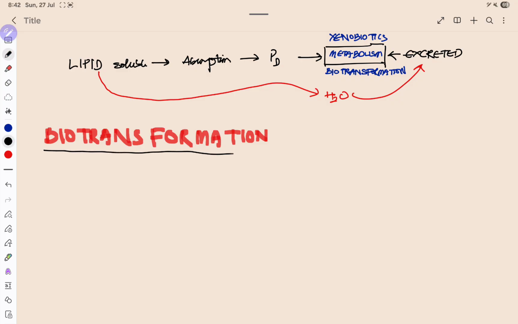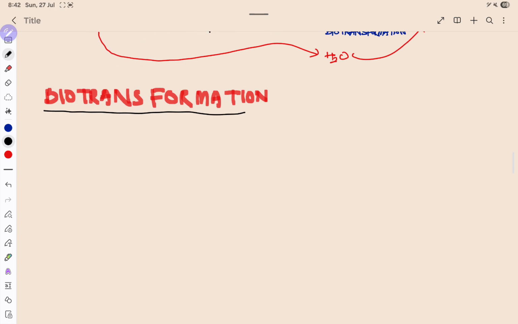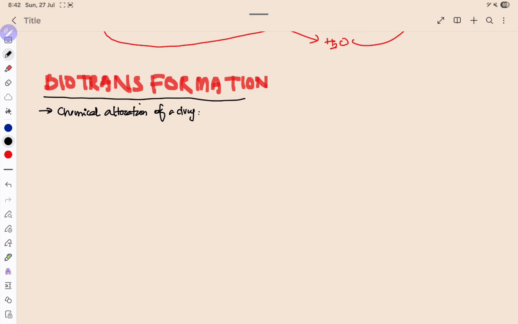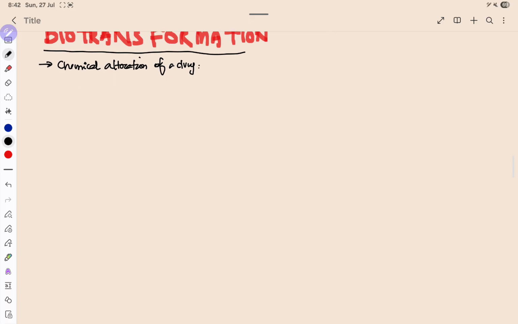The textbook definition or the textbook understanding means chemical alteration of a drug. Chemical alteration of a drug. Now, this biotransformation is conducted or processed with the help of two phases.